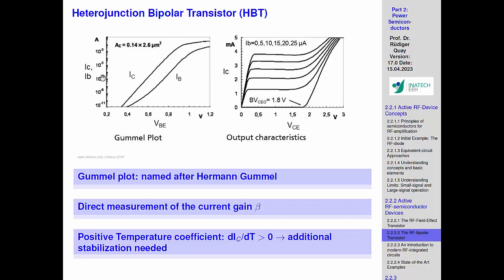And this plot is named after Hermann Gummel, a person at Bell Labs somewhere at a time. He had this idea. So if you just have the collector current and you plot it this way, so here you have 10 to the, what is it, 10 to the minus 5. You see this correctly? So this is minus 11, 9, 7, 5, and 3. So let's take 10 to the minus 5, and the base current is 10 to the minus 9. So you get, for this reading, directly a relation between these currents of more than 1,000.